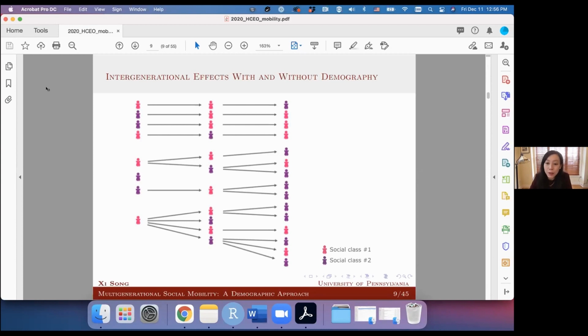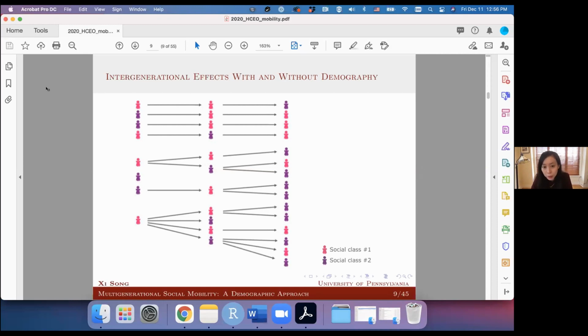So if we just focus on social mobility based on mobility tables, we basically exclude all those parents or earlier ancestors who don't have children or grandchildren. And second of all, our sample also overrepresents those families who have more children. And third, the sample includes parents who are born into different birth cohorts and who also vary in their childbearing ages.